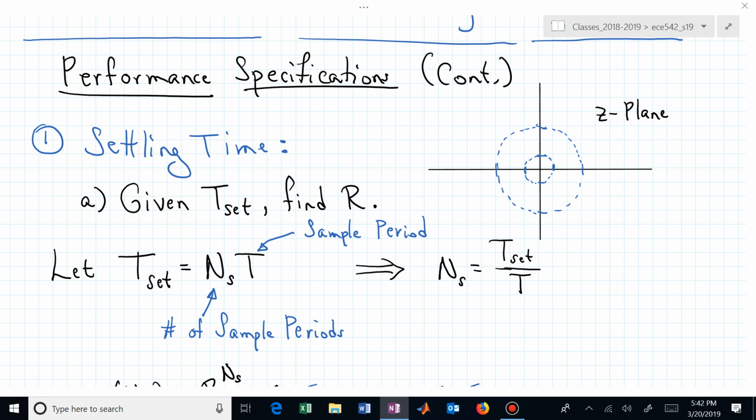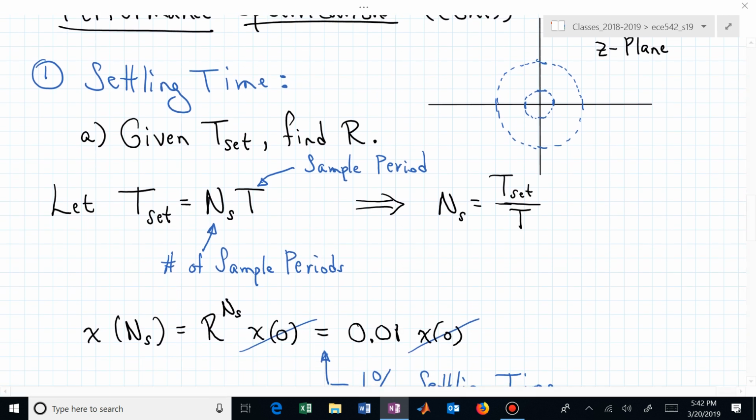And if you have a t-settle, what do you immediately know has to happen with respect to this r? Less than 1. It has to be less than 1. If r is bigger than 1, we're definitely not settling. If r is equal to 1, we're just bouncing back and forth with some oscillation. We're not settling. r needs to be less than 1 if we have a settling time.